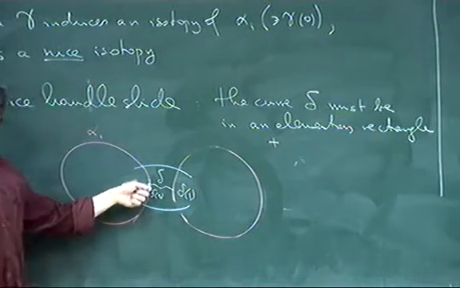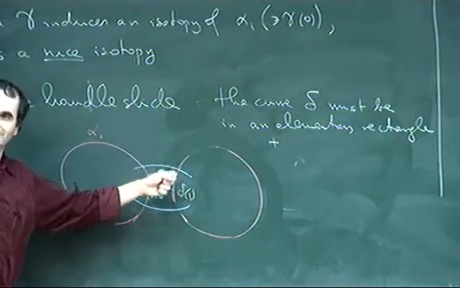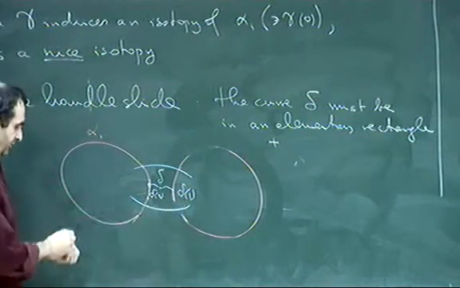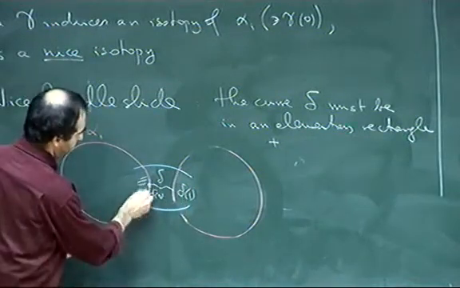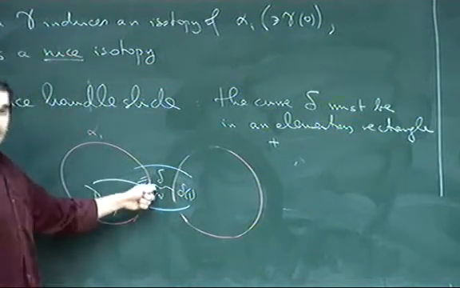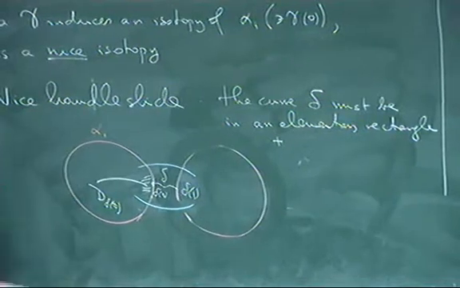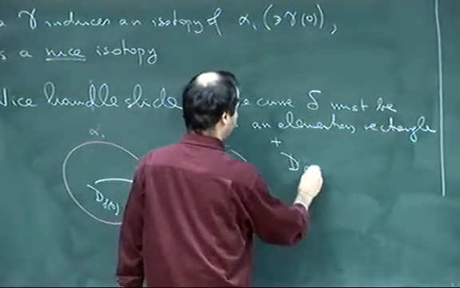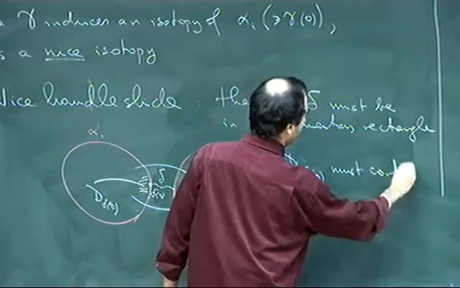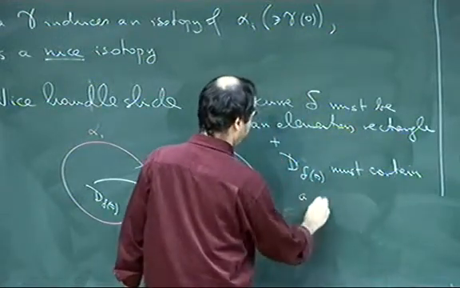Delta 0 indicates the curve which we will handle slide over the other one, which is indicated by delta 1. And again, there is this domain D delta 0, which is behind the point where the arc starts, and D delta 0 must contain a base point, a point W.